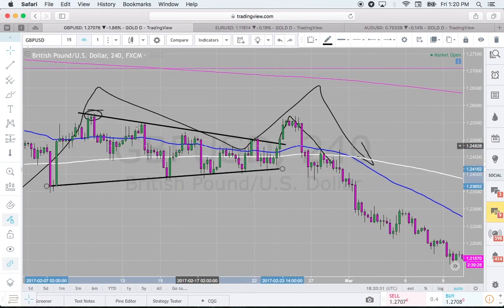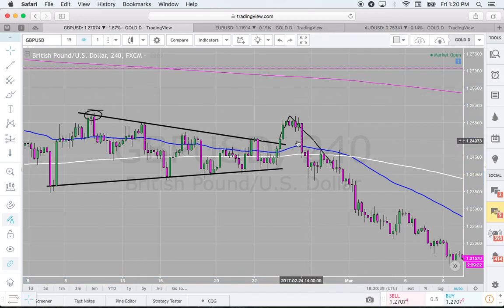So we know retail traders buy the breakouts of the patterns of these wedges. What does the dealer do? The dealer will break out, will show the retail trader profit, and then consolidate a bit off of that high.